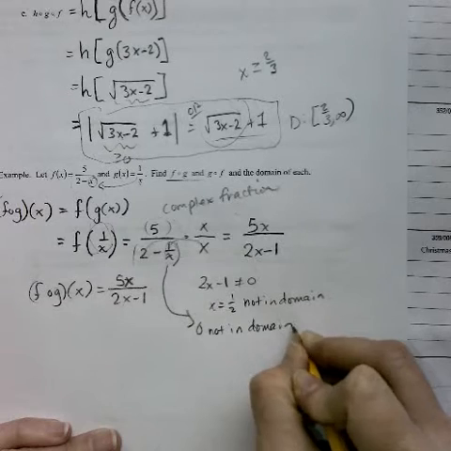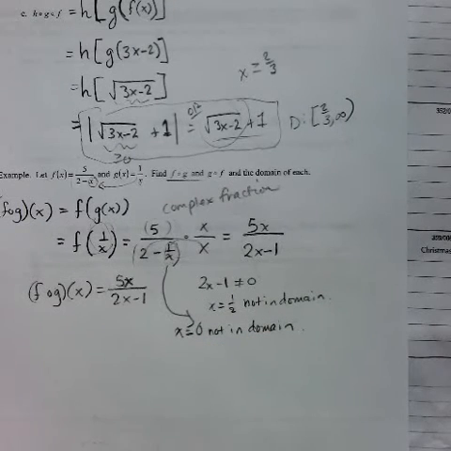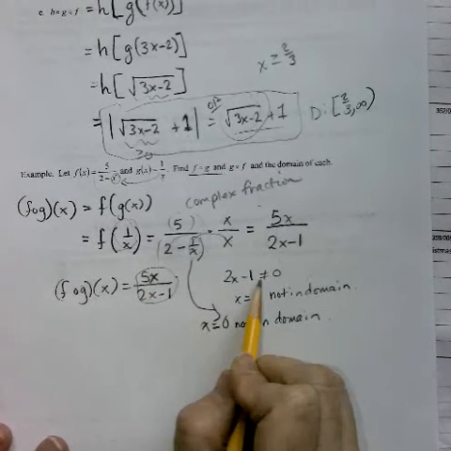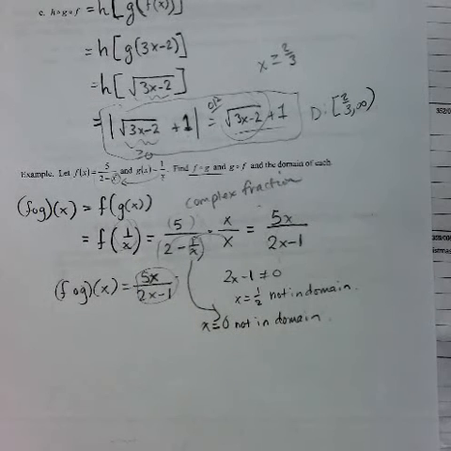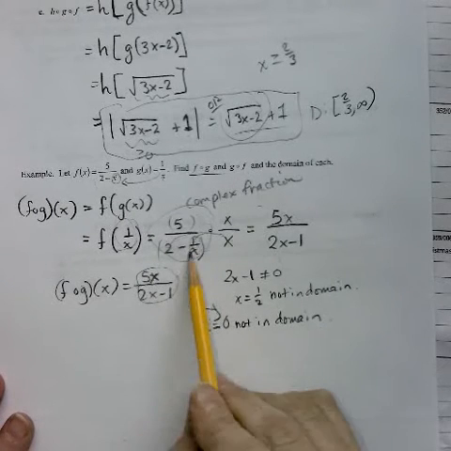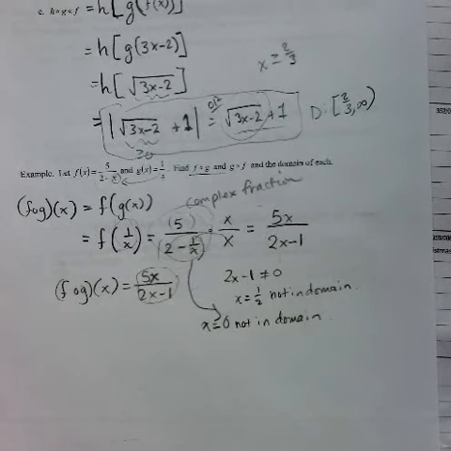So what I recommend is look at your function in the final form, throw out anything that makes it not exist, but then also look at it before you simplified. Is there anything else that you wouldn't be able to plug in at that step before you simplify?